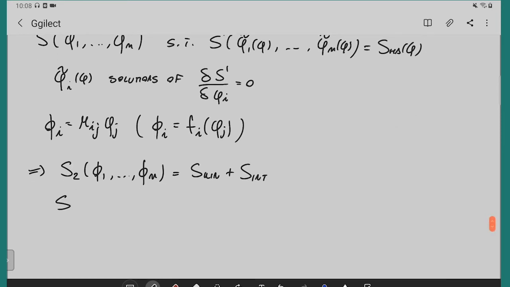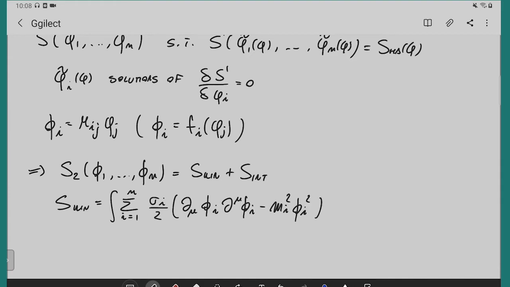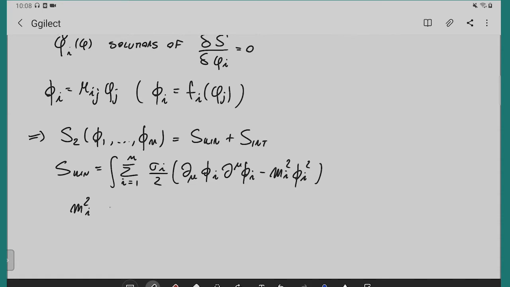And the kinetic term is written in this way, where the m_i squared are the poles of f, like we saw yesterday, and these sigma are the signs of the residues of each pole, the residue of f in p squared equal m_i squared.